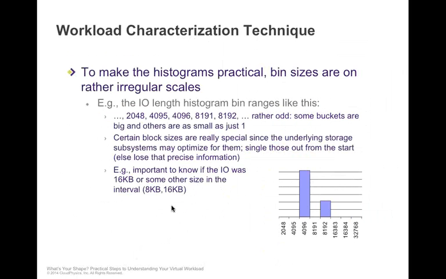To make the histograms practical, I made the bin sizes on a very irregular scale. An example of that is the IO length histogram. In this case, you'll see a bucket that is 2K, and then you'll see a bucket which is a little bit less than 4K. So 4095, one block less than 4K. And the reason why we do that is so that we can distinguish between IOs that are exactly 4K, which are special block sizes because storage arrays oftentimes optimize for those sizes.